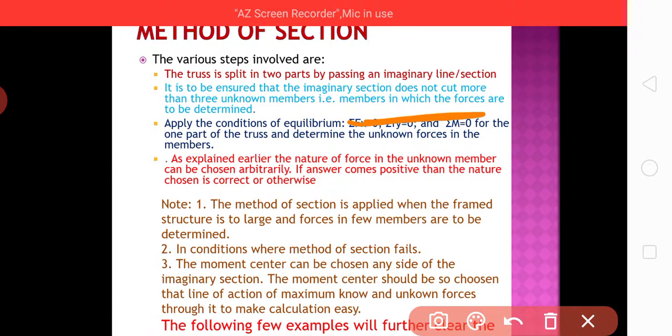Around half a kilometer, 1 kilometer long bridge, and if you want to know the force in somewhere in between 2 or 3 members, then if you start with method of joint, you will start from one end and go on repeating. It will take months to reach that level. But by method of section, you can directly reach the members on which forces are to be determined.